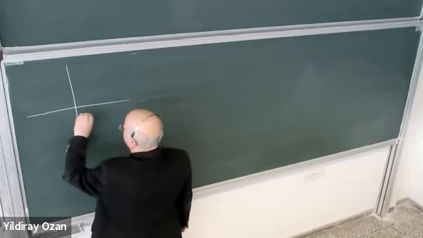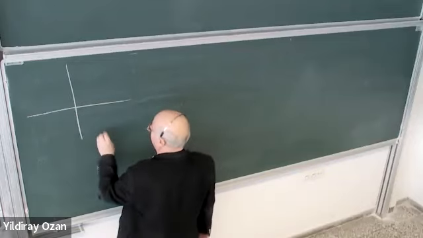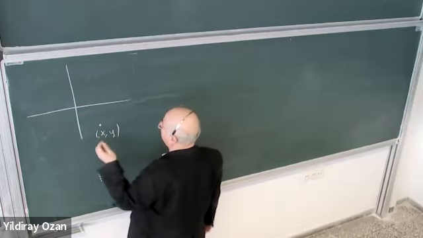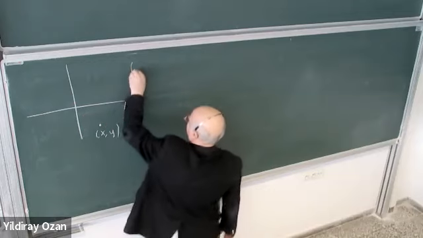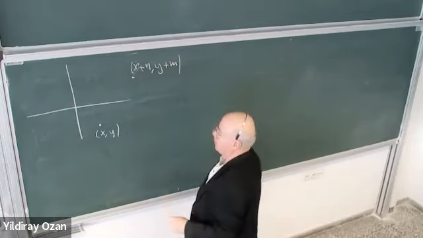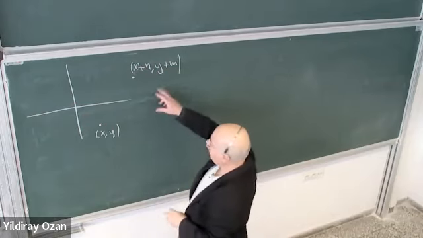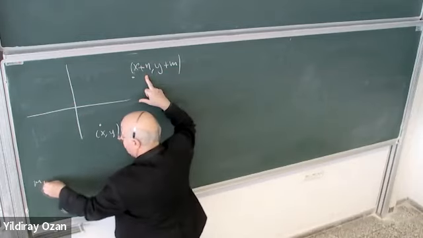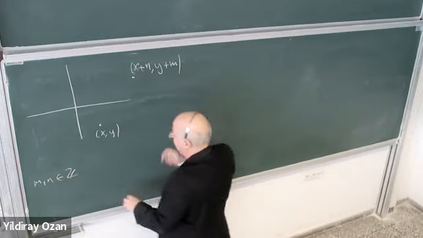You see, in the plane, any point (x, y) is identified with any point (x + n, y + m), right? Two points are identified if the difference is an integer. Here m and n are integers.